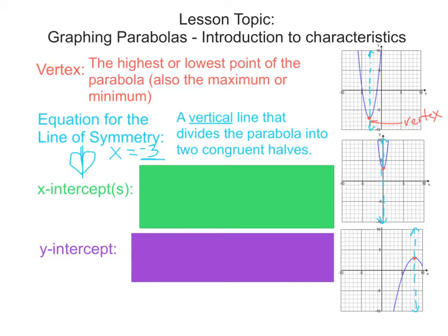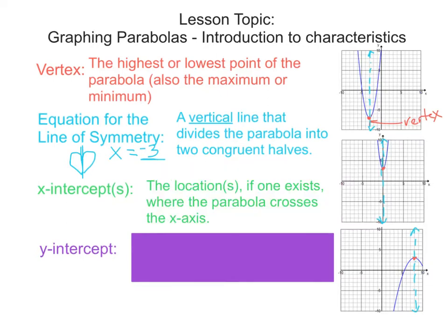All right. Next, x-intercepts. Well, we've talked about x-intercepts before. X-intercepts are the location or locations, if one exists, we're going to talk about that in a second, where the parabola crosses the x-axis. In this first example, we have two locations where the parabola crosses the x-axis.